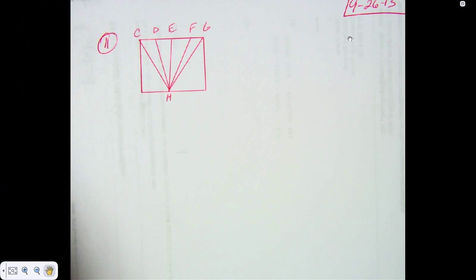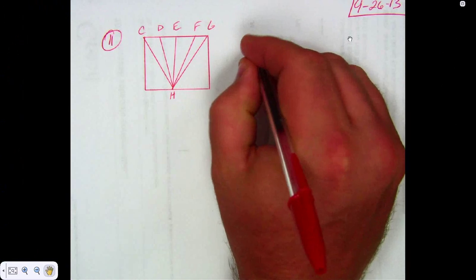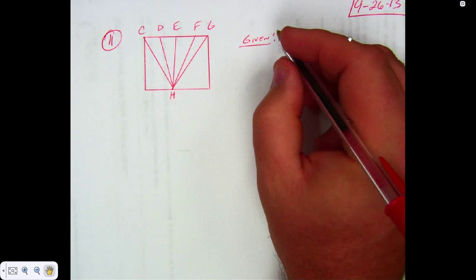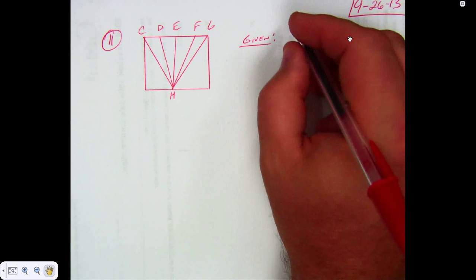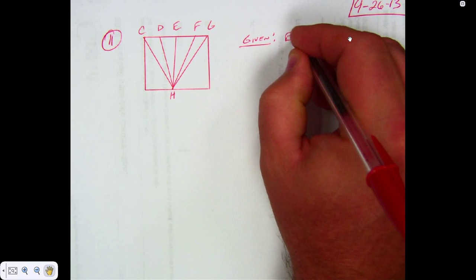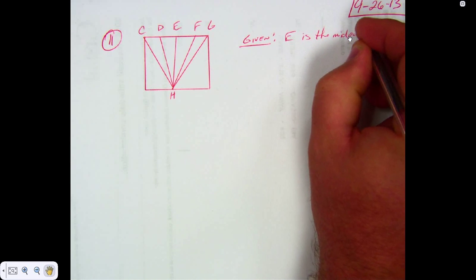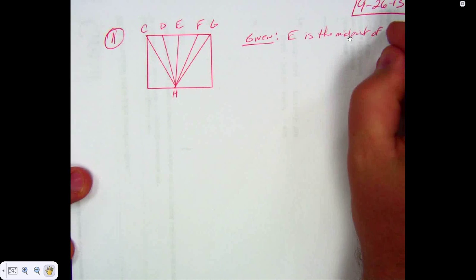This is our picture. Our given: E is the midpoint of DF.